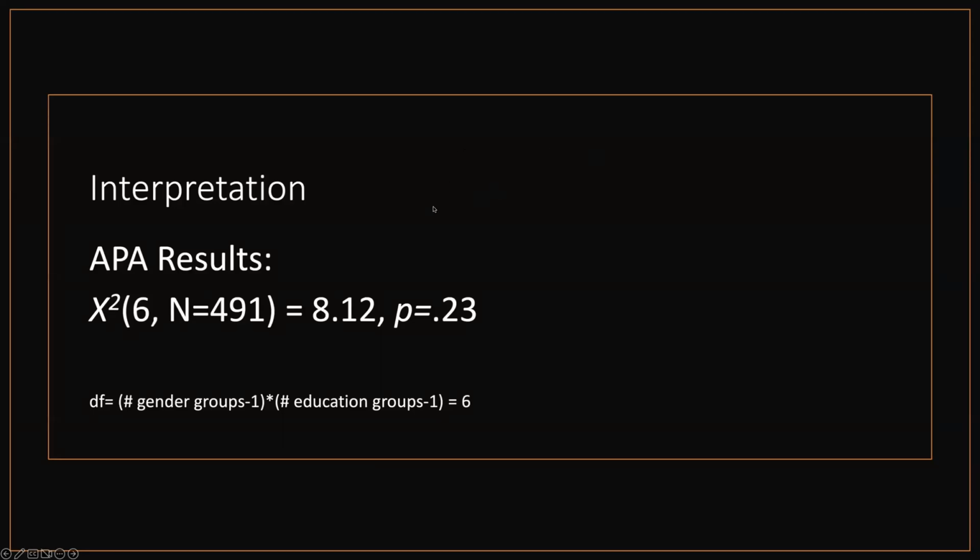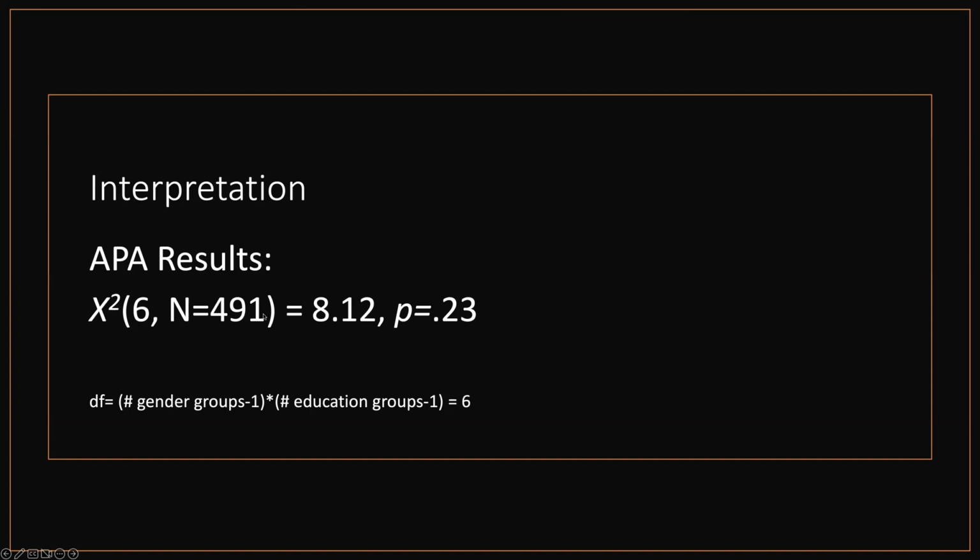So our interpretation of this, how we write this out in APA, you have your chi-squared and you should have this in italics. Our degrees of freedom is 6. That's the way you get degrees of freedom for chi-squares. It's the number of your first variable groups minus 1 times the number of your second variable groups minus 1, which equals 6. You put the sample size there.